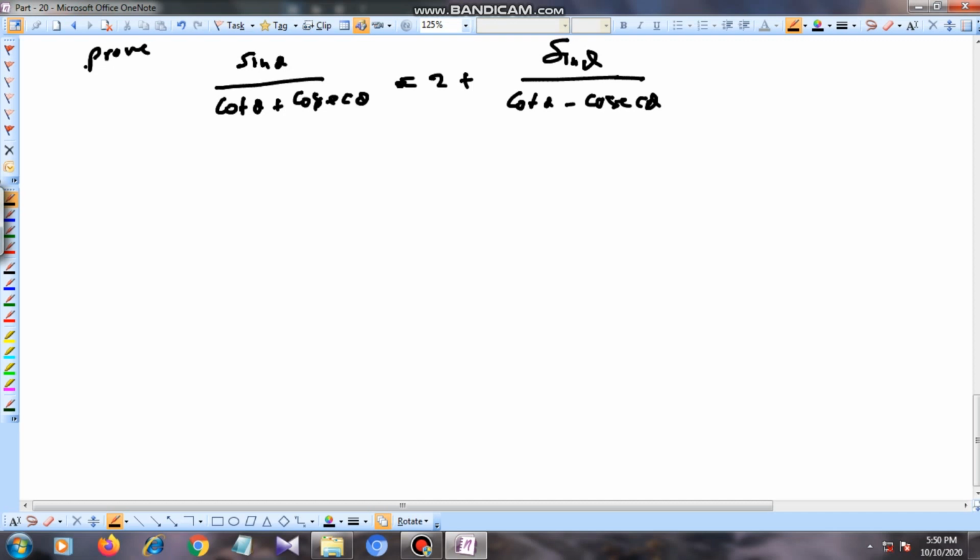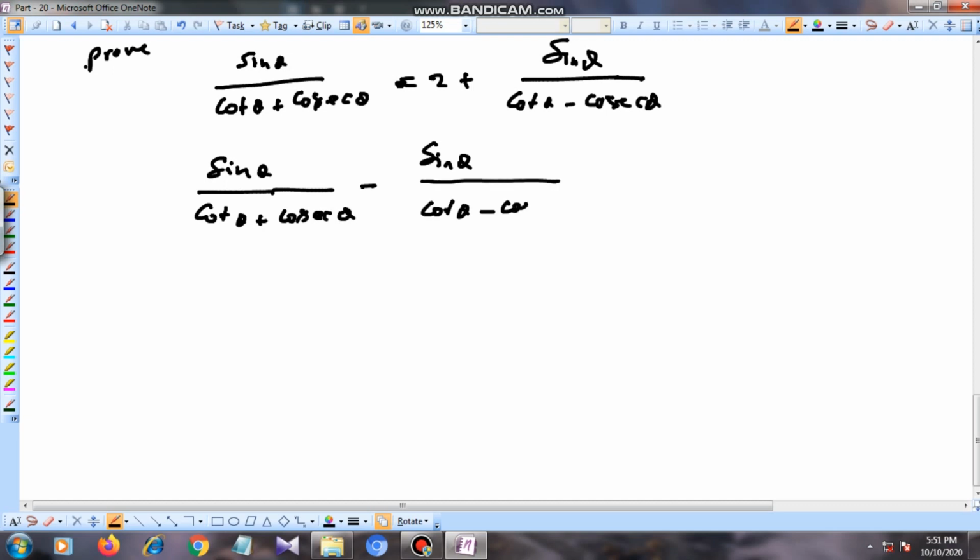So transfer this term towards the left side, then we get sine theta upon cot theta plus cosec theta, and transfer this term towards the left side, then we get minus sine theta upon cot theta minus cosec theta equals 2.